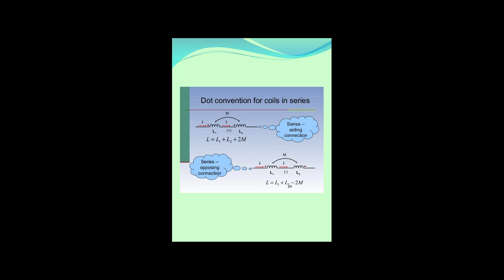But if two coils are connected in series and the dot convention is in opposite direction, meaning in coil 1 current is entering at the dot terminal but in coil 2 current leaves at the dot terminal, then the total inductance offered by the circuit is L is equal to L1 plus L2 minus 2M. This is the dot convention.